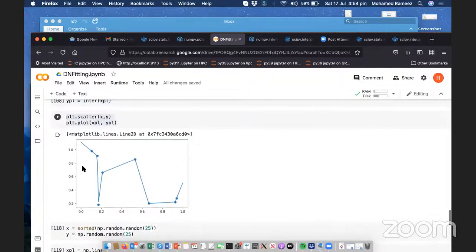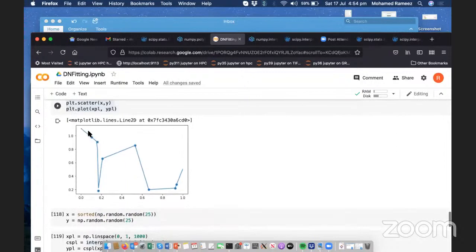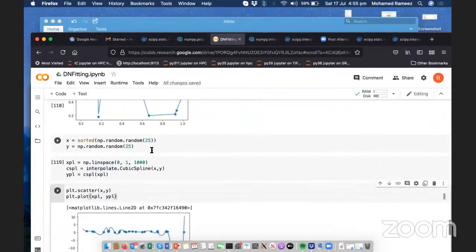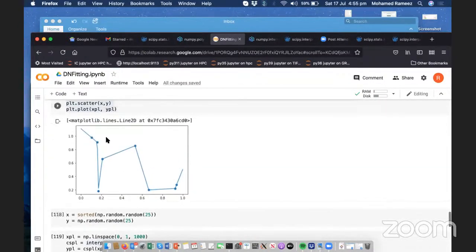If you use a linear interpolation, then you get a function that is continuous, but its first derivative is not continuous. Do you understand that? Because it has these jagged edges. It's not smooth.